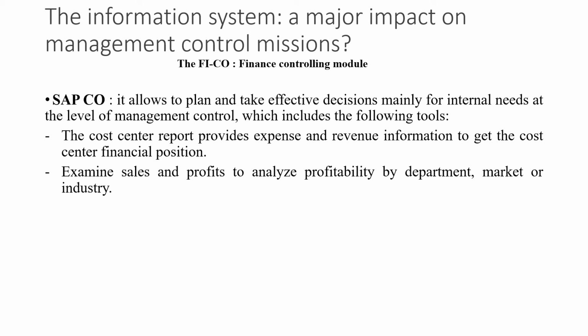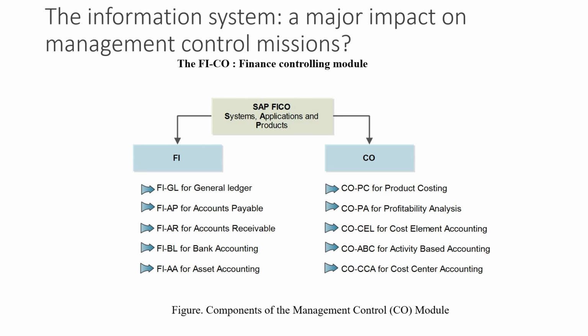Also, it allows to plan and take effective decisions mainly for internal needs at the level of management control, which include the following tools. First, the cost center report provides expense and revenue information to get the cost center financial positions, and to examine sales and profits to analyze profitability by department, market, or industry.